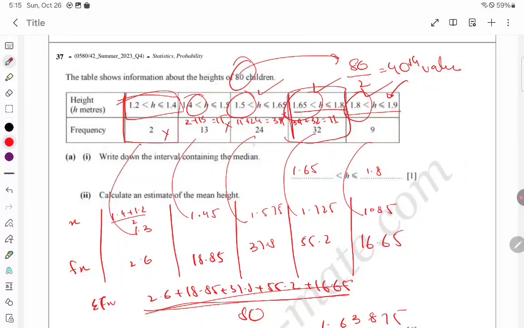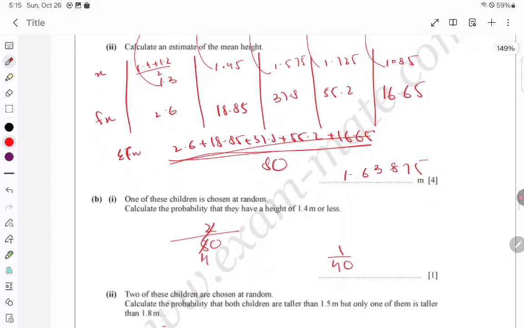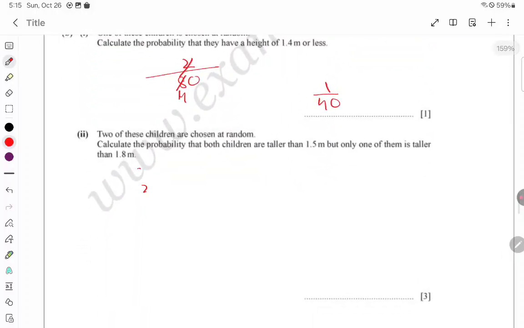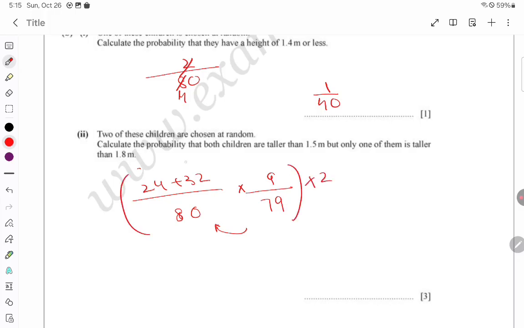So for the first one, 24 plus 32. For the second one, we can consider 9. So 24 plus 32 over the total number, and since we choose one here, 80 minus 1, 79, and multiply by 2 because we don't know the order, whether the first or the second will be taller than 1.8, or vice versa.